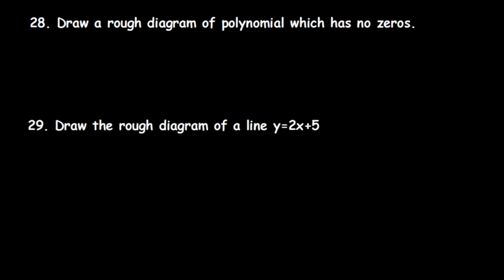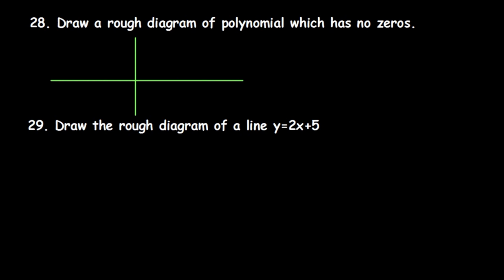question number 28. Draw a rough diagram of a polynomial which has no zeros. Okay, so we should draw a rough diagram there. Generally we can take the x-axis and y-axis. Now the question here, which has no zeros.